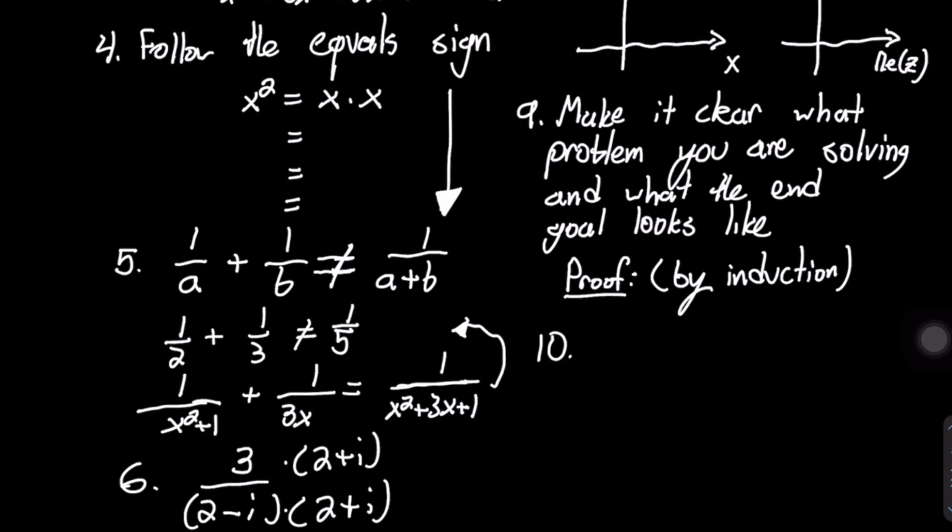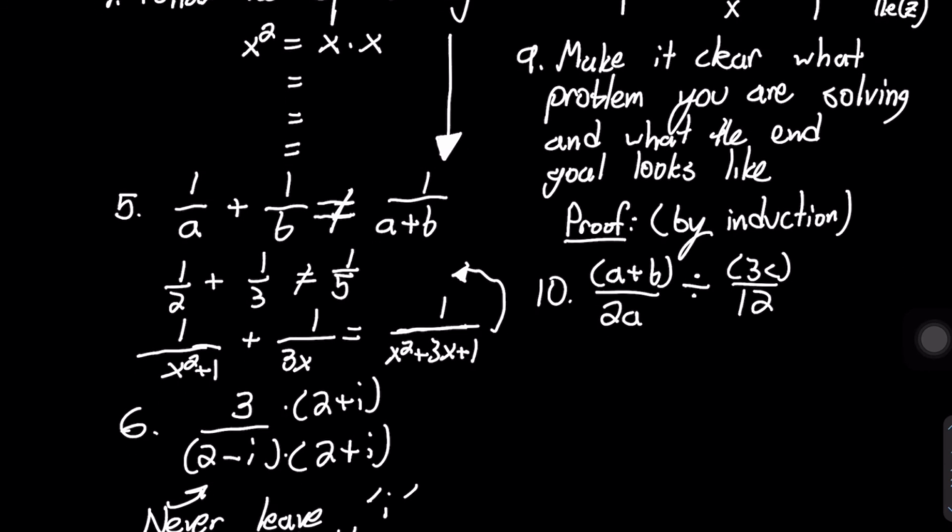And the last common math mistake or advice that I can offer is when you're dividing complex systems. So say you have a plus b over 2a divided by 3c over 12. You're going to want to always kind of switch to multiplication.